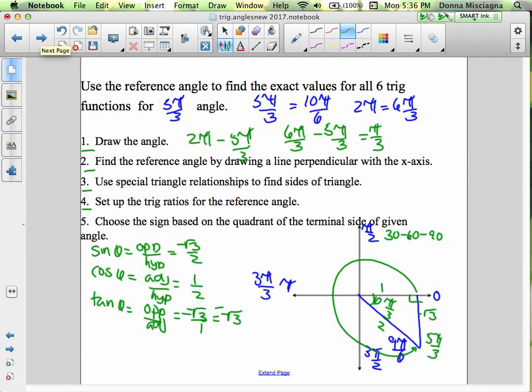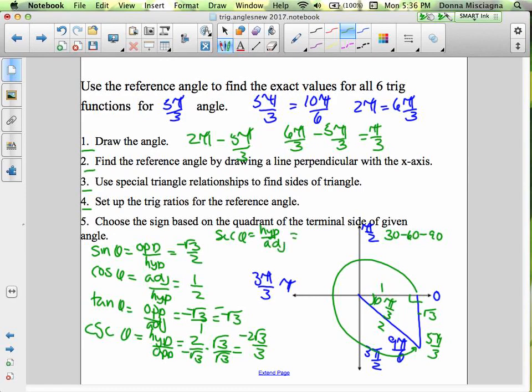And then we have the inverse of sine, which is cosecant theta, which is hypotenuse over opposite. So that's going to be 2 over negative square root of 3, so we'll rationalize it and put the negative in the numerator. So that's going to be negative 2 square roots of 3 over 3. We're almost done. We need secant theta, which is the inverse of cosine, so that's hypotenuse over adjacent.